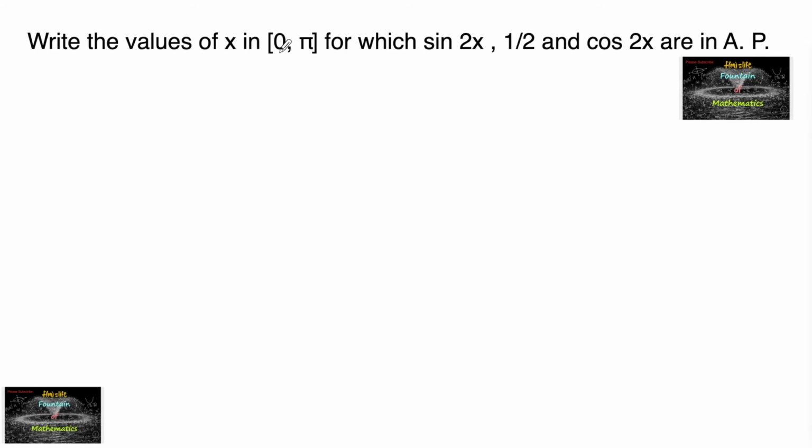Write the values of x in the closed interval 0 to pi for which sin 2x, 1 by 2 and cos 2x are in AP, arithmetic progression. We know that if a, b, c are in arithmetic progression, then 2b equals a plus c.